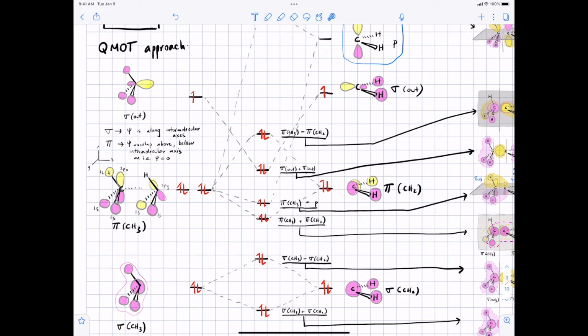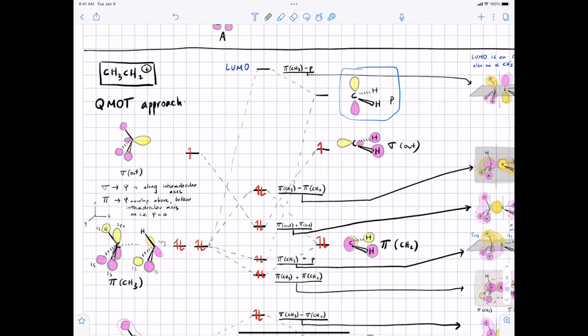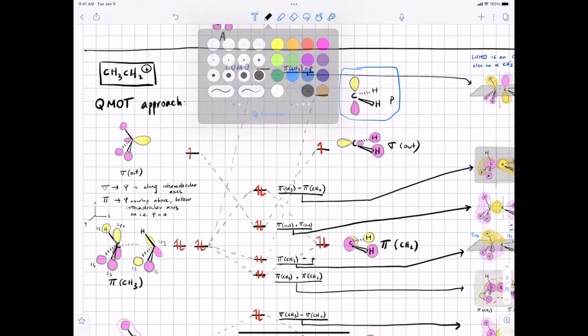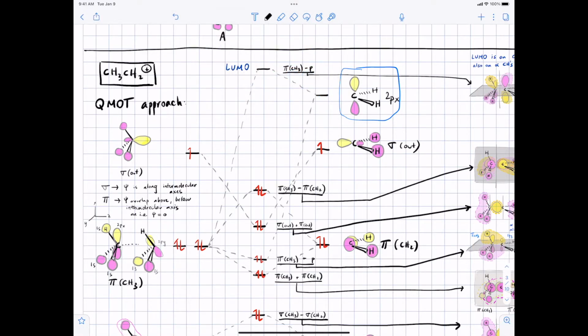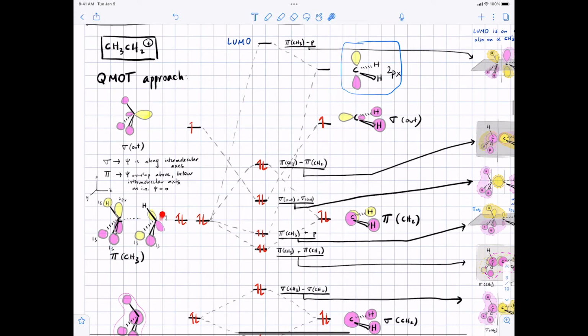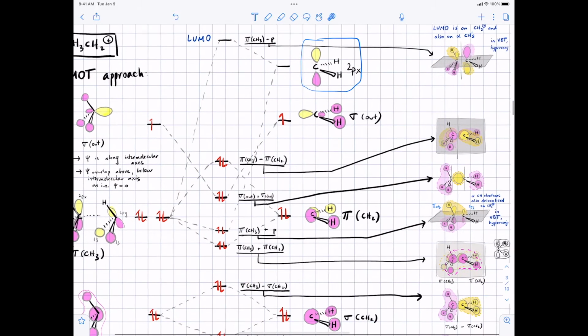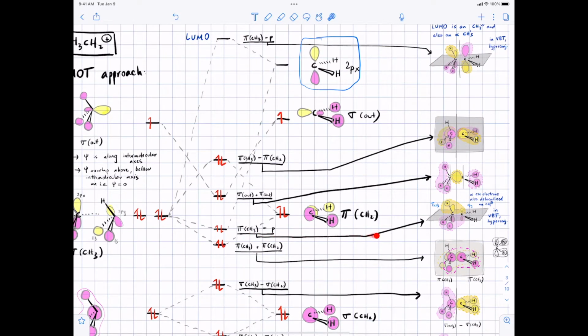Right, so this one with the 2px in it can overlap with the 2px orbital on the bent CH2. I thought it's also what formed this other side. To the right, yeah. I'm sure that's also formed from this combination.